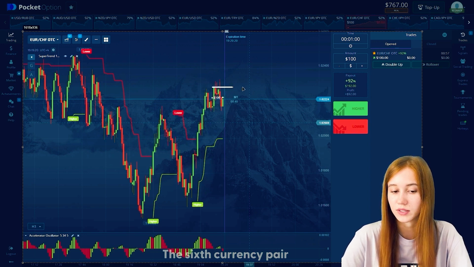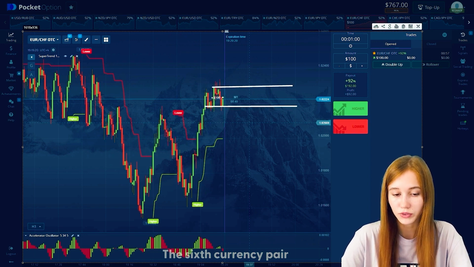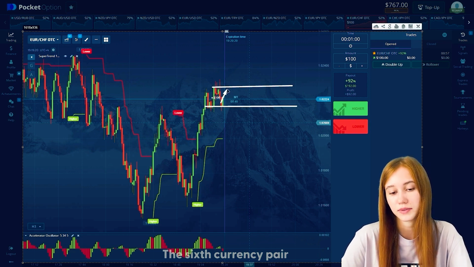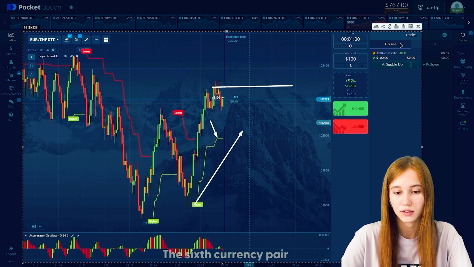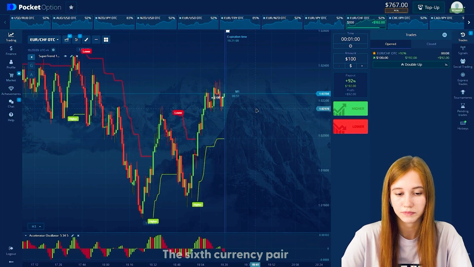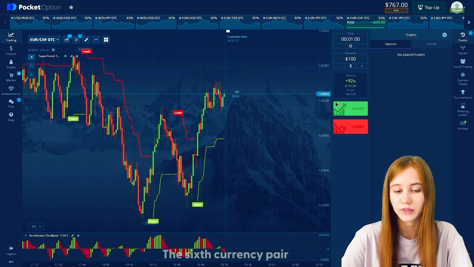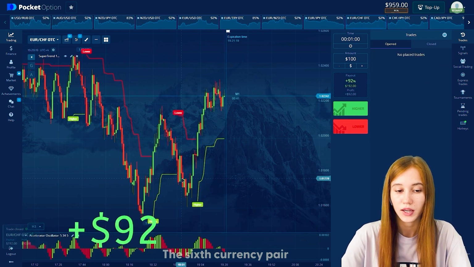Also, if we see a resistance level and the support area, we will move towards this resistance area during the consolidation period. So we opened up, and the super trend also shows an increase. Corrections. Let's see. 5 seconds left, and yeah, profit is $92. Good.